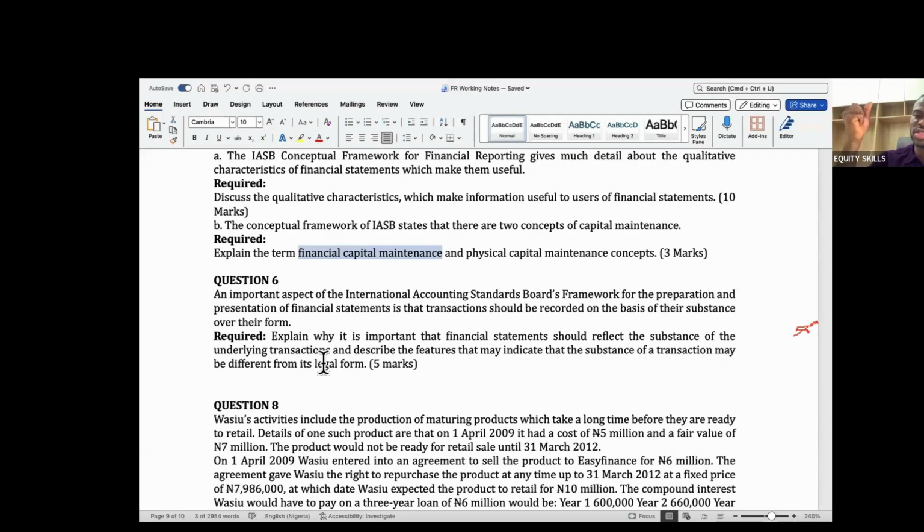When you have options in a contract, like the example I gave you, you sold and you now entered into an agreement to repurchase. So when there is an option in a transaction, there is most likely a feature that shows that the substance will be different from the legal form. And this will earn us another 5 marks.